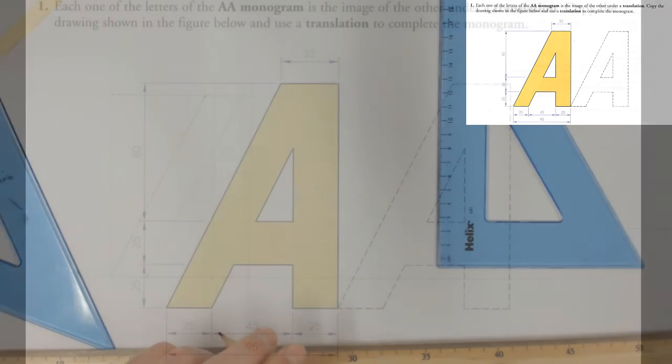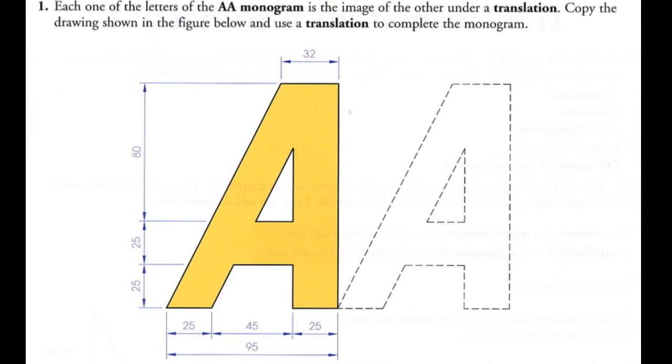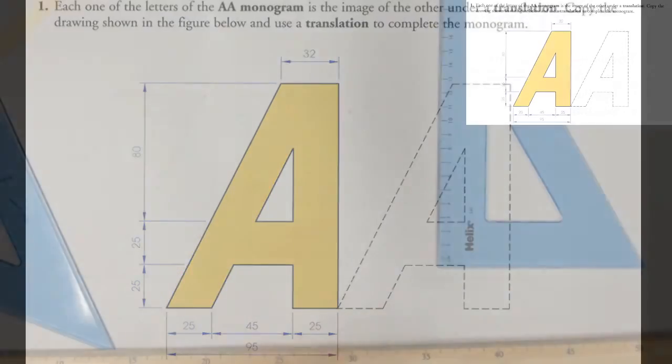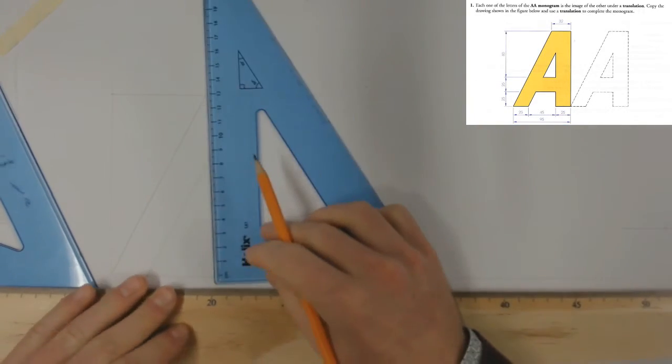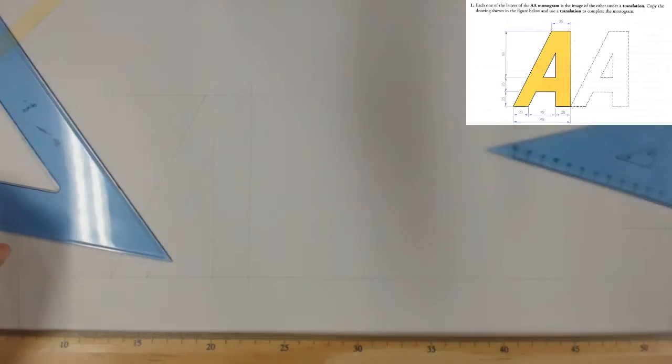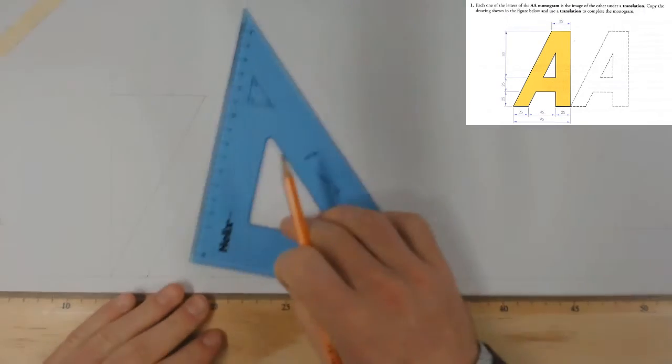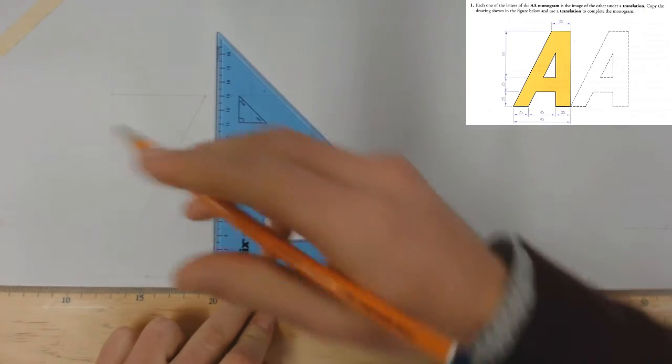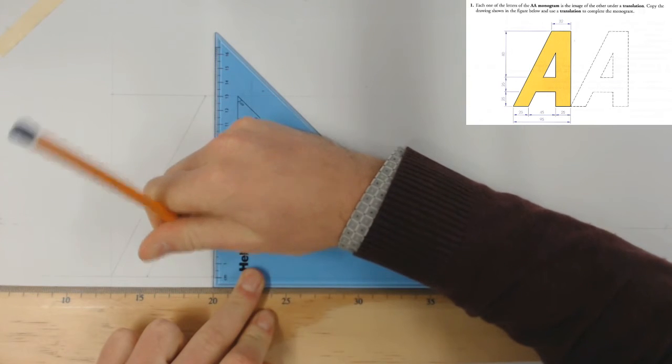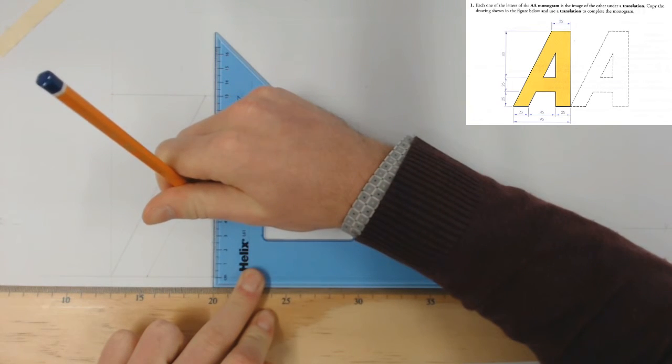So I flick back to the question there. I can see it's up 25, a further 25, and then 80 at the top. So we've got to mark the two 25s. So let's do that. Let's mark 25 and 25. 25 to here. 25 plus 25 is 50.